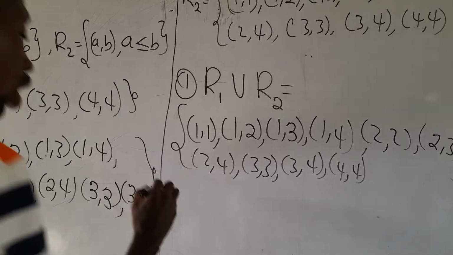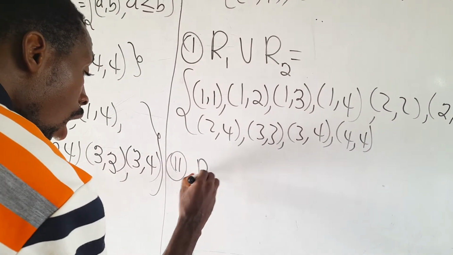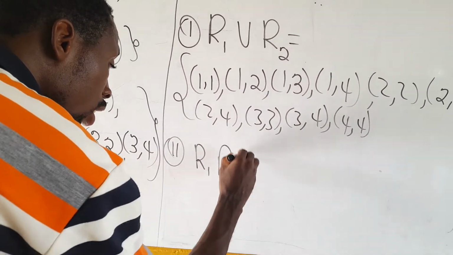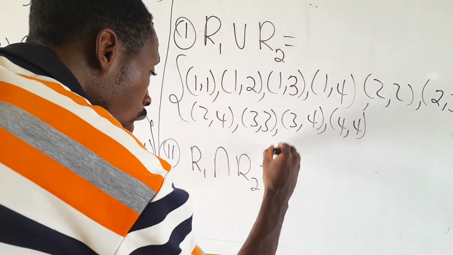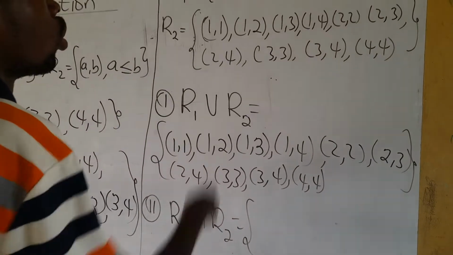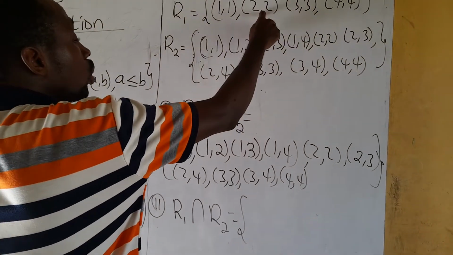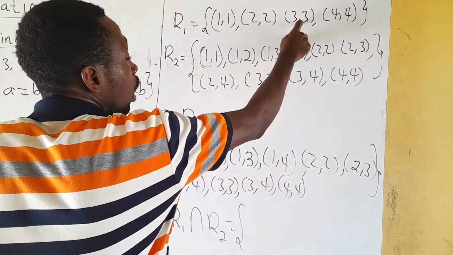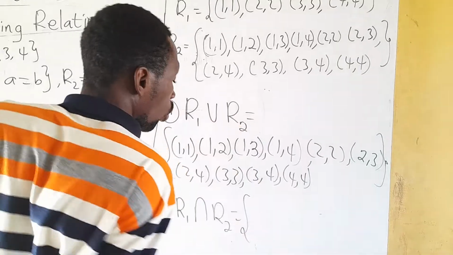We put them together. Now we find R1 intersection R2. So the other pairs that are in R1 at the same time in R2. 1, 1 is here, 2, 2 is here, 3, 3 is here, 4, 4 is here. So we write it.